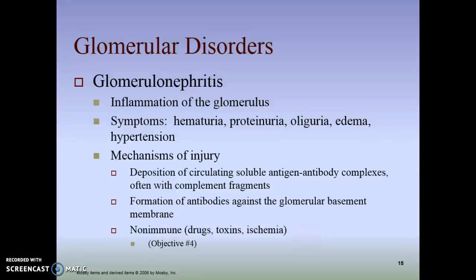These can be classified as primary or secondary. Primary causes would be immunological disorders, drugs or toxins, vascular disorders, and outright ischemia. Secondary causes would be systemic diseases such as lupus or diabetes.